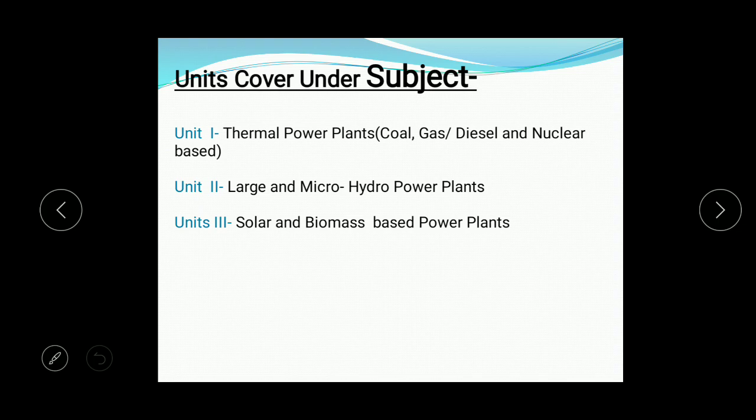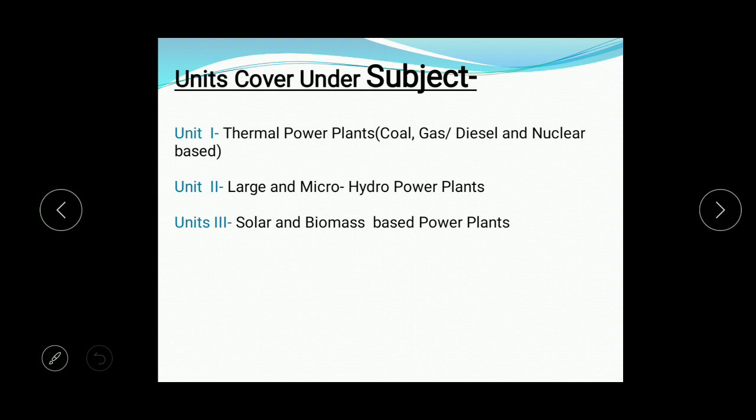In this chapter, we can see the solar map of India and global solar radiation. In solar technology, we can see concentrated solar power plants, their construction and working, and also the second technology, that is the solar photovoltaic power plant, with its layout, construction and working.